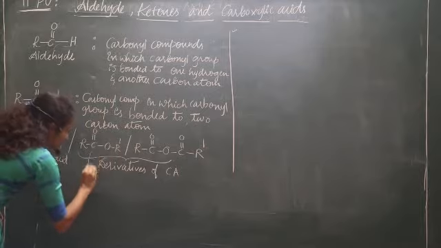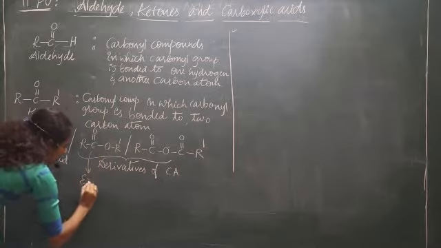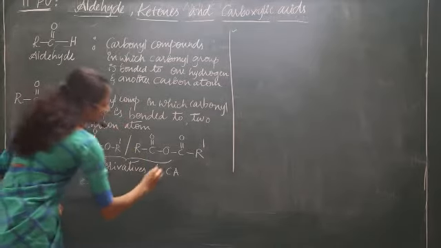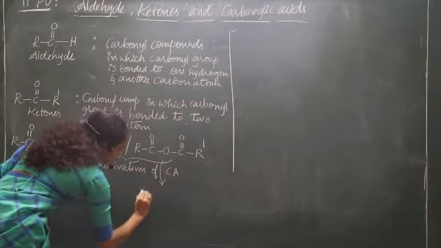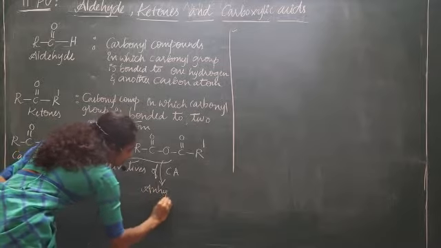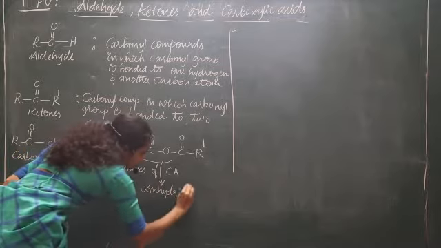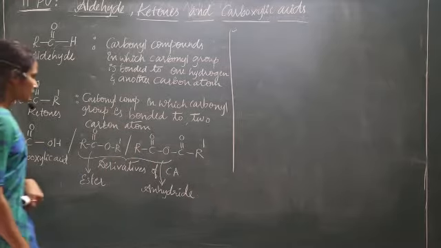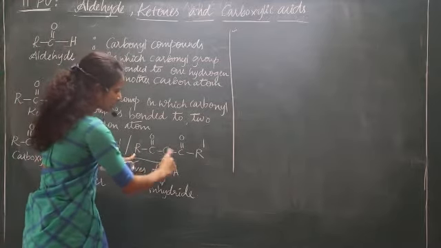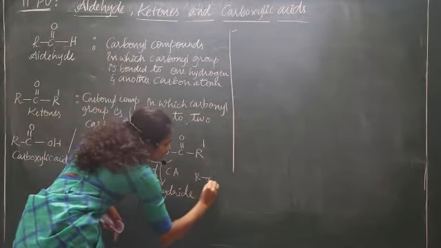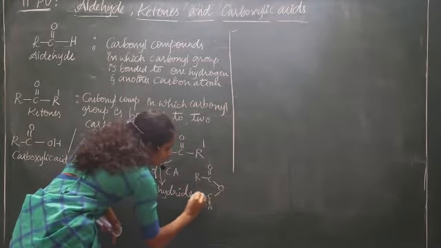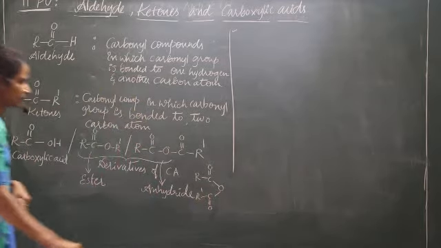First one is ester, the ester functional group. Second one is anhydride, right? We can write this compound as R C double bond O O C double bond O R dash, one and the same.